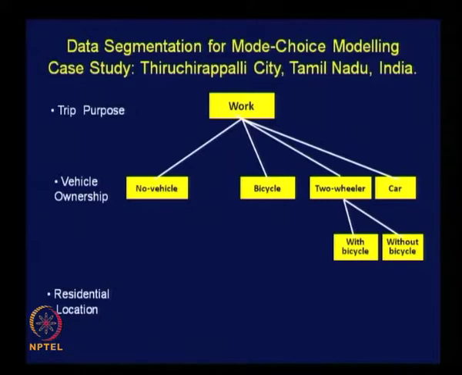If you look carefully at the operating characteristics of a public transport service like bus service, in the city core area you will find the bus frequency to be very good, and the bus stop spacing will be reasonable because people will be getting in and getting out at frequent intervals.